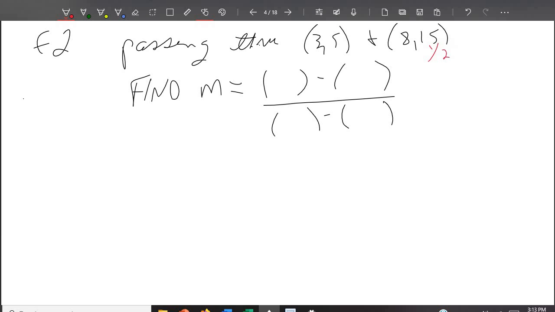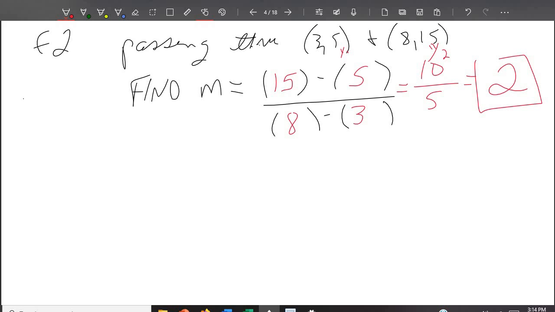That's y2, that's y1. So the second y is 15, first y is 5. The second x is 8, the first x is 3. Now we're going to simplify it. Of course, 15 minus 5 is 10. 8 minus 3 is 5, so we'll get 2 for my slope. So that's the slope.